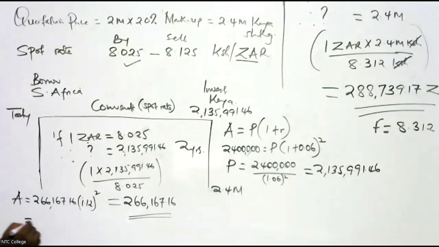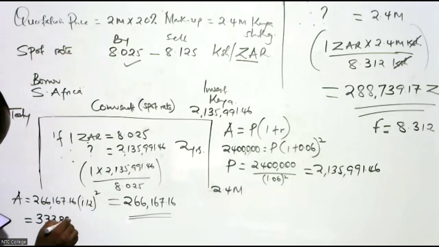So I'm going to pay 3, 8, 0, 9. That is the amount that I'm going to pay in 2 years' time.